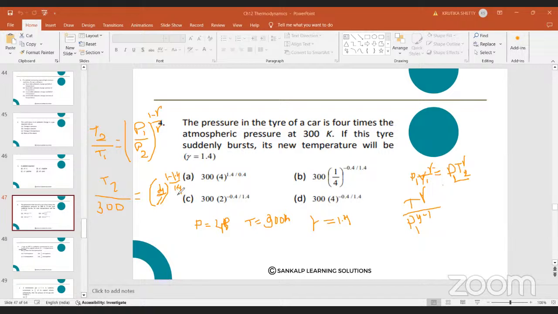Now in the given options, the gamma power has not been simplified. 1 minus 1.4 will be minus 0.4. So we can go with option D by seeing the solution. If anyone doesn't know, please copy down the solution. We will go for the next question.